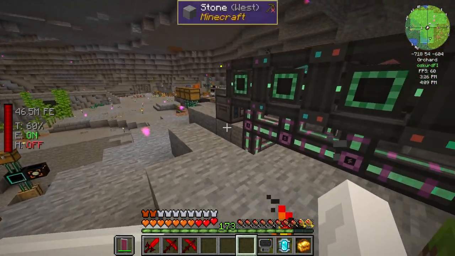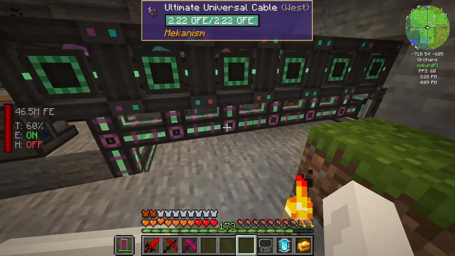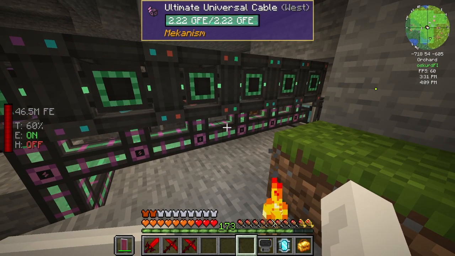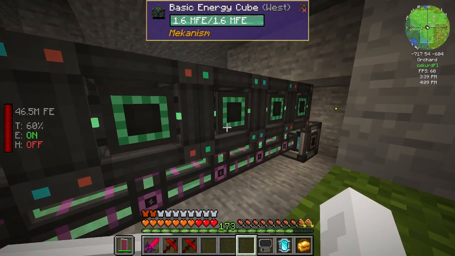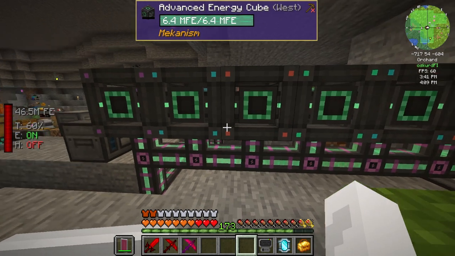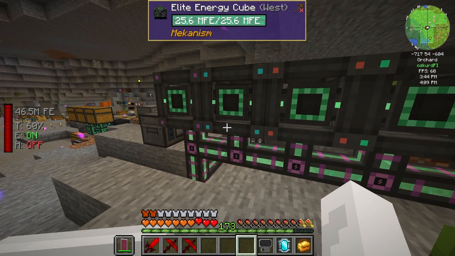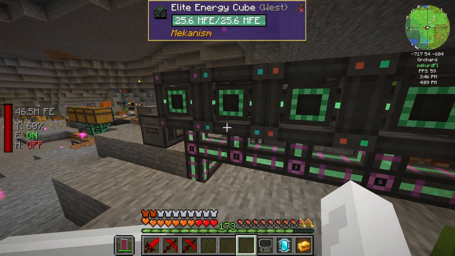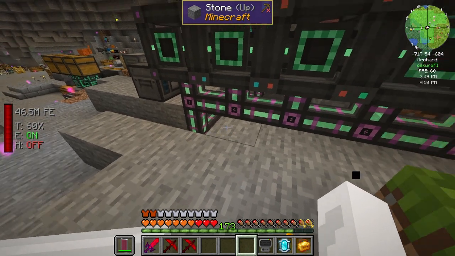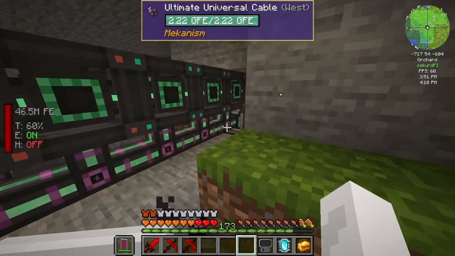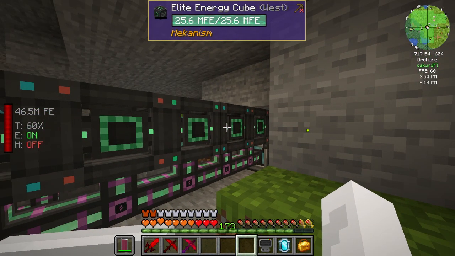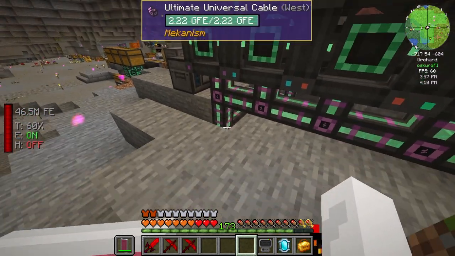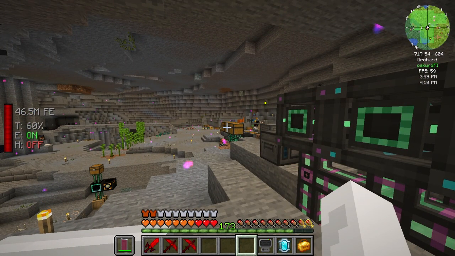Something that I noticed, and I want to tell whoever is wondering why things don't work as they think they should. If you haven't noticed, these energy cubes have different output rates depending on their tier. I had earlier set it up so that power comes in one cube, goes through the next one and the next one, and then goes into our system.